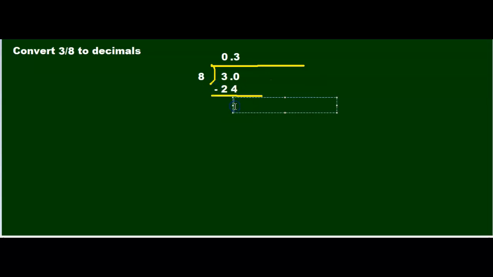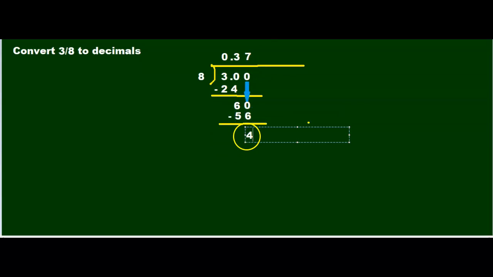That gives me 6. I'm going to add another 0 here so that we can extend it a little bit more. Bring my 0 down. Then we look at multiples of 8 such that they can go into 60 or under 60. So 8 times 7 gives me 56. I'm going to subtract my 56 from 60. That leaves me a 4.